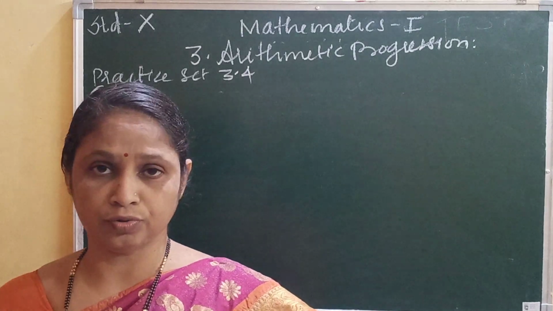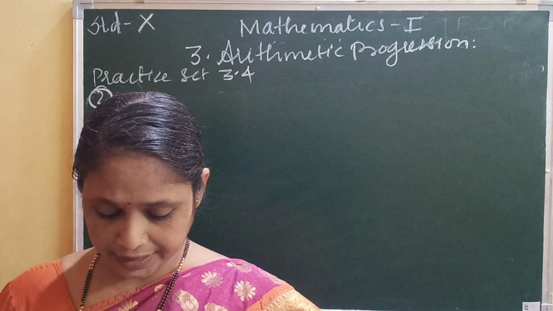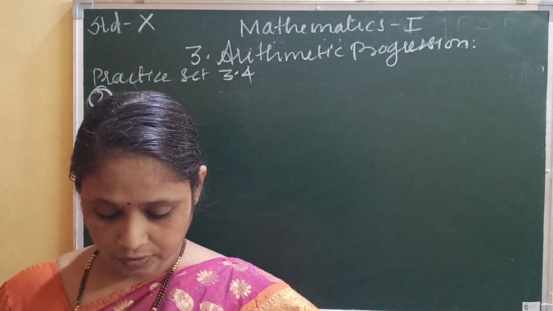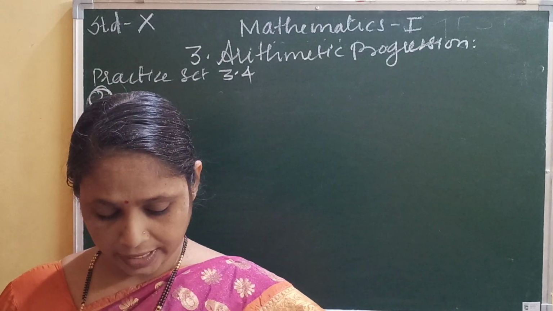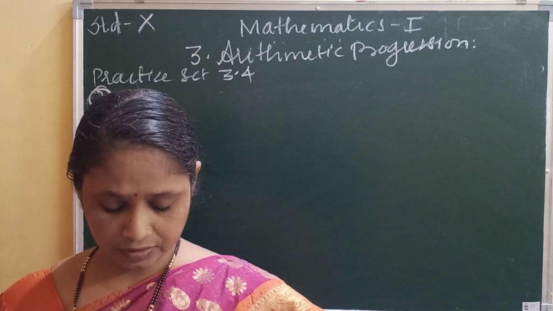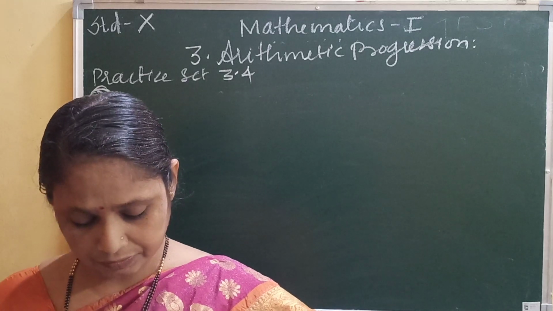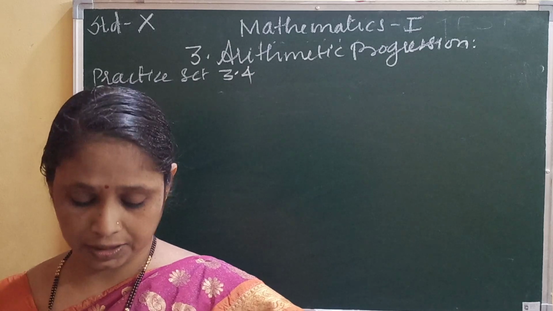A man borrows 8,000 rupees and agrees to repay with a total interest of 1,360 in 12 monthly installments. Means in how many months will he repay? In 12 months he will repay the loan.